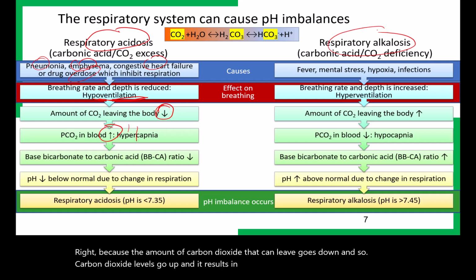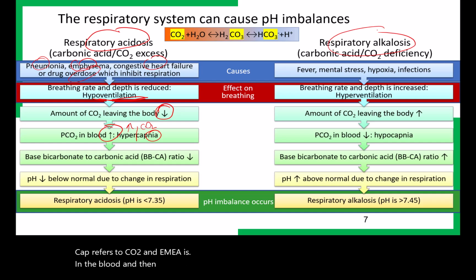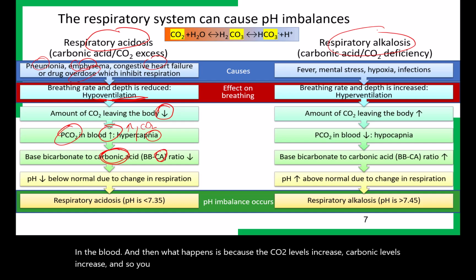Again, hyper means increase, cap refers to CO2, and emia is in the blood. And then what happens is because the CO2 levels increase, carbonic acid levels increase, and so you have a higher denominator, so the BB to CA ratio goes down.